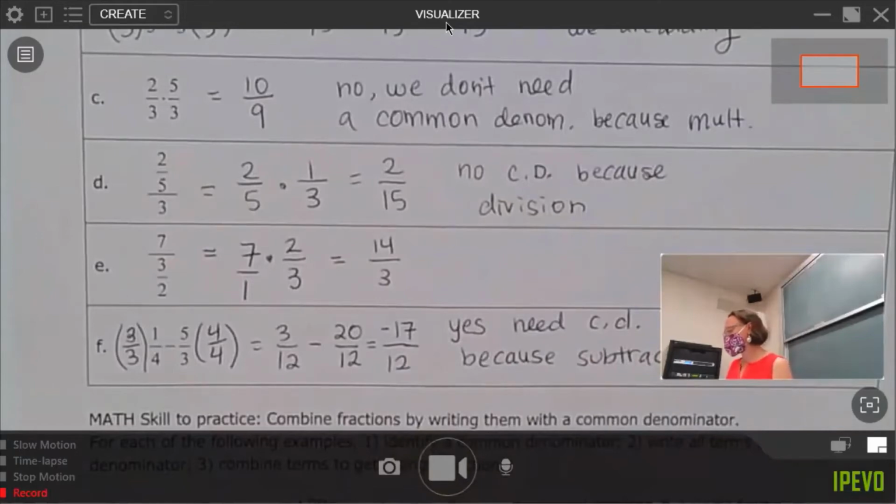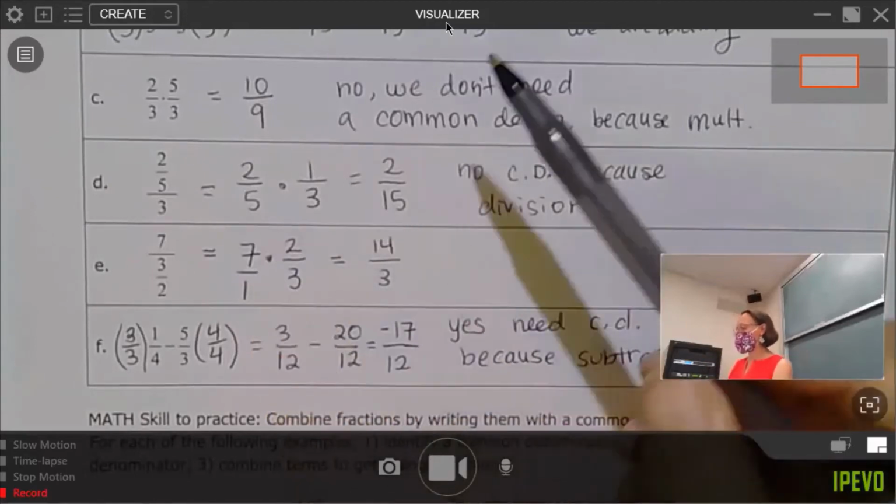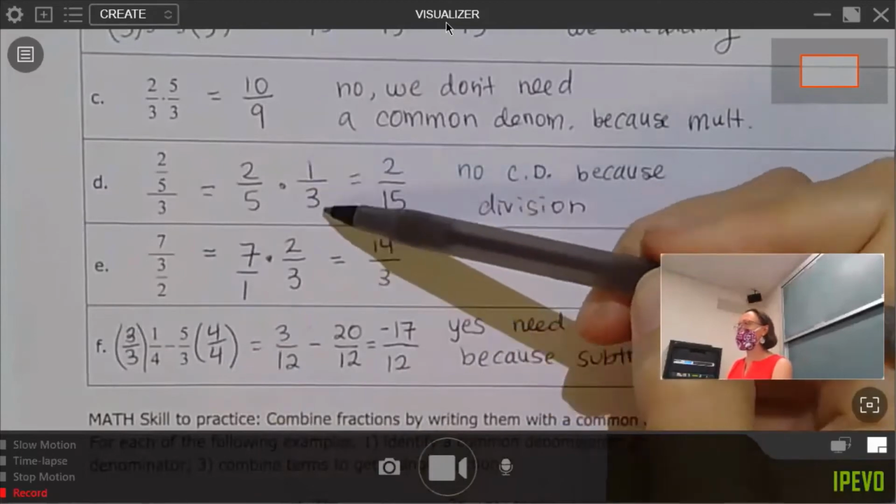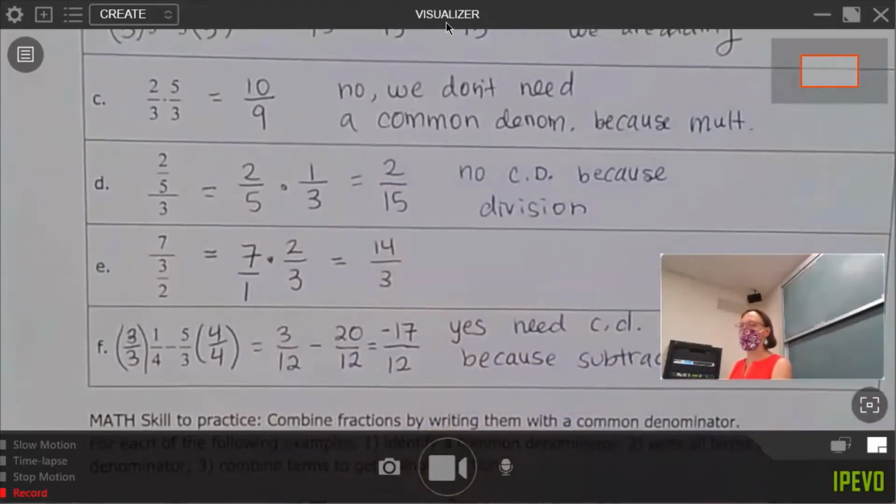What conditions would cause you to? So anytime we've got division, if I'm dividing by a fraction, I'm going to flip the fraction on the bottom. If you're dividing by a whole number, I would just rewrite it as 1 over the whole number equivalent.